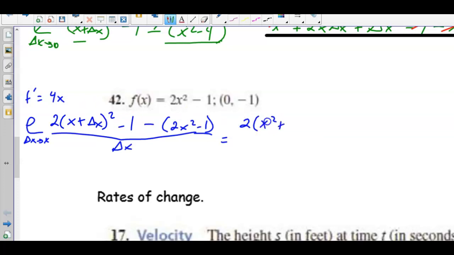So x squared plus 2x delta x plus delta x squared minus 1. And then distribute this. So that's plus. No, I'm sorry, that's minus.